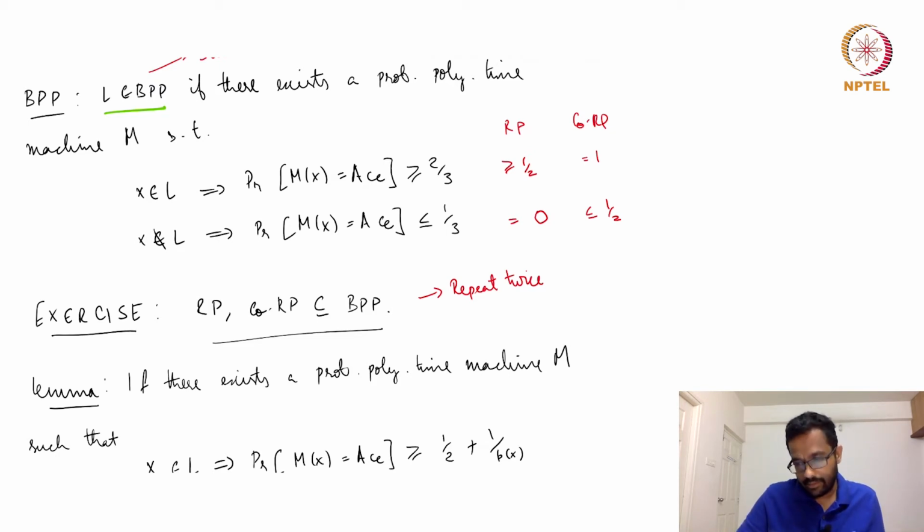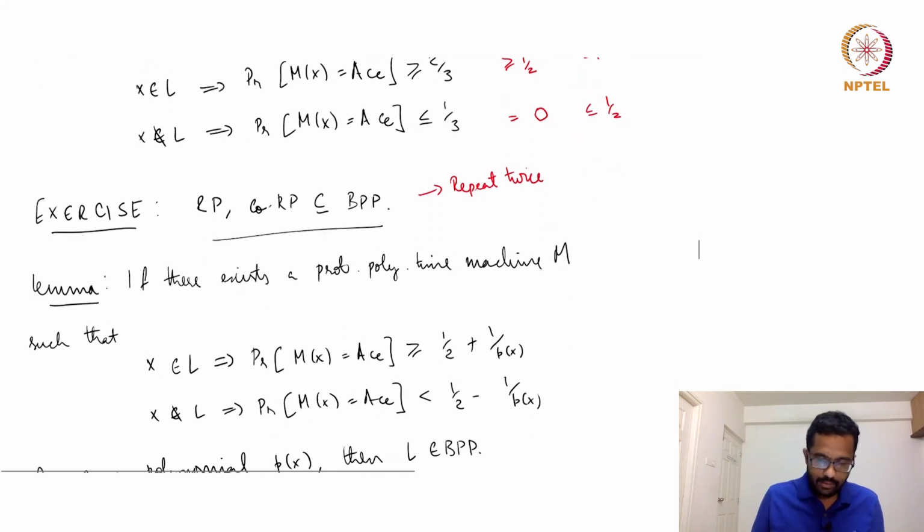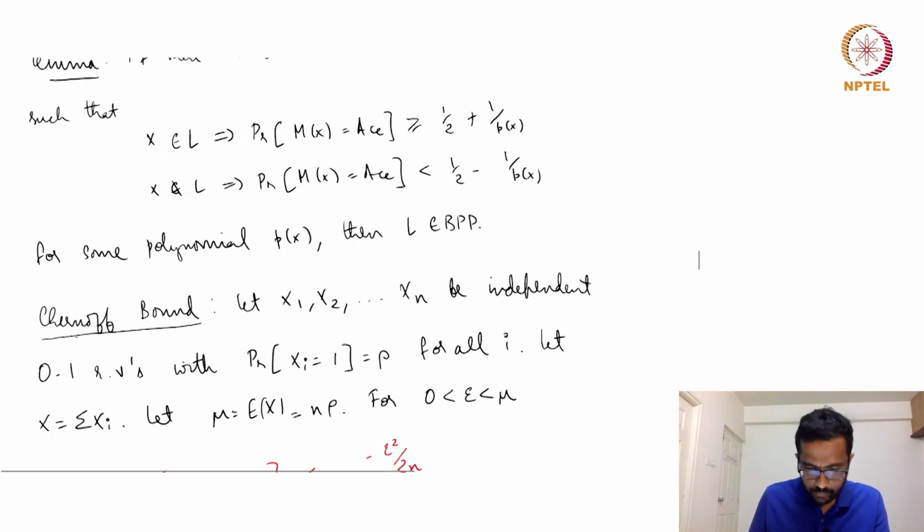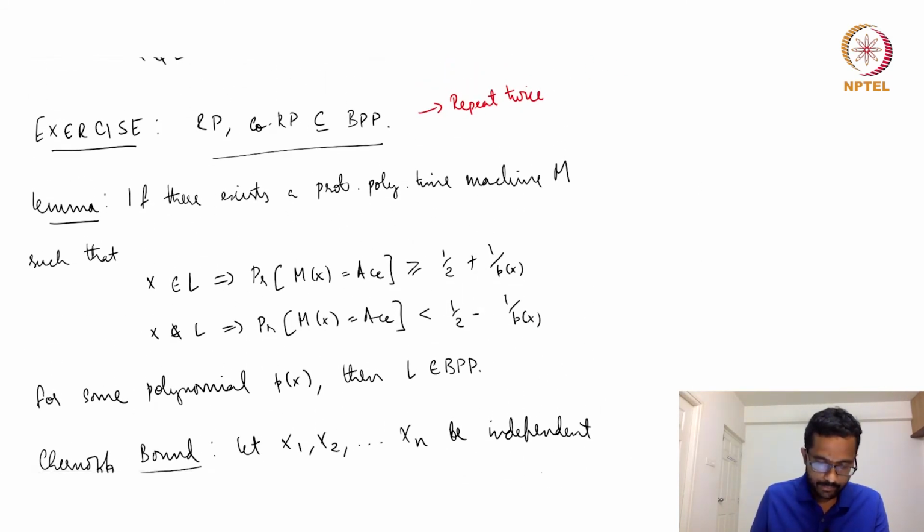But then the same argument will take down the probability of error to 1/4. So when X is not in L, the probability that it is accepted can be upper bounded by 1/4. So you can work this out. If necessary, we could work this out in one of those live sessions as well.